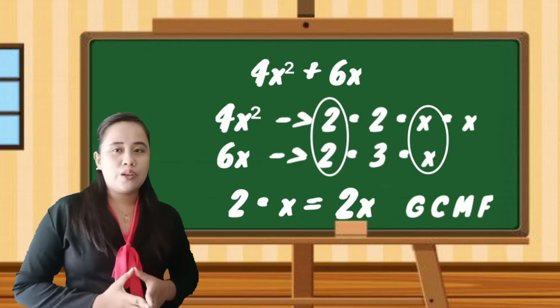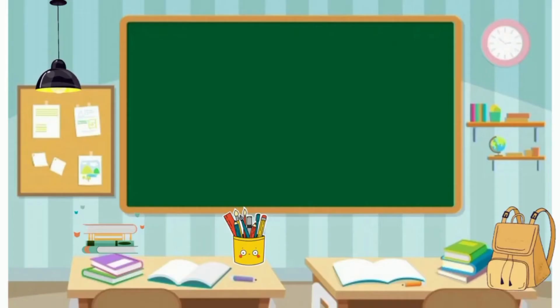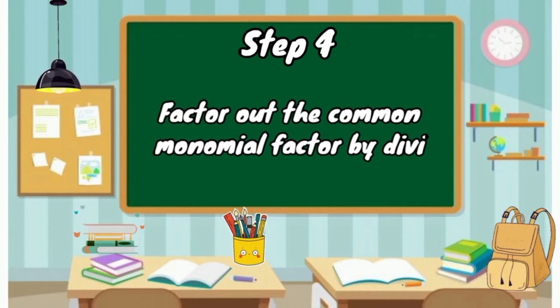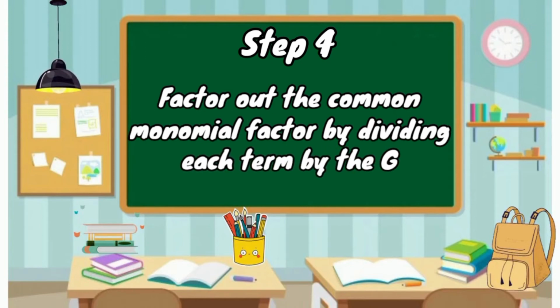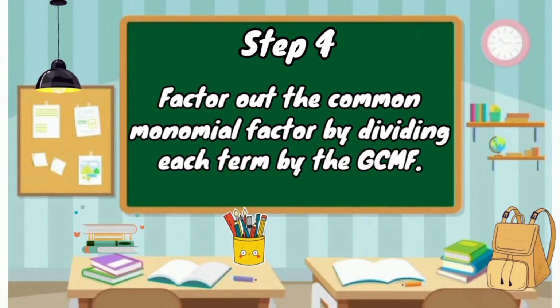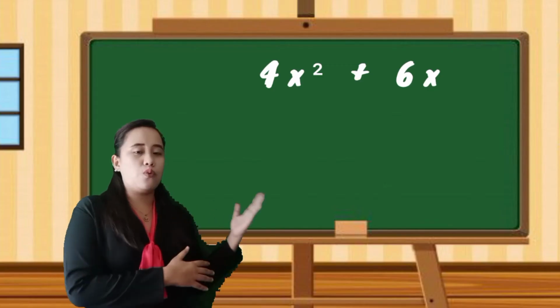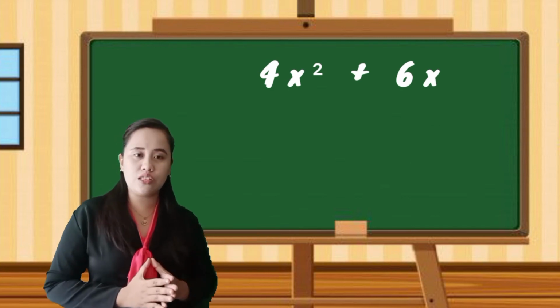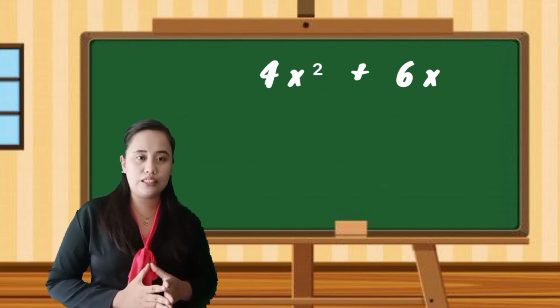Now, last step. Let's go back to our original expression, which is 4x squared plus 6x.